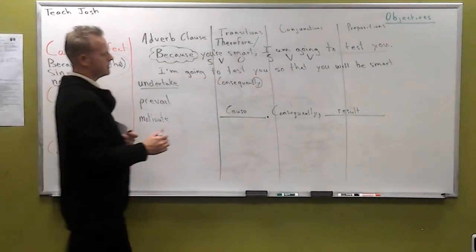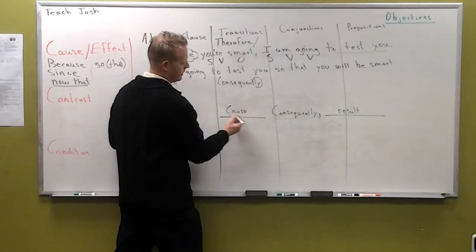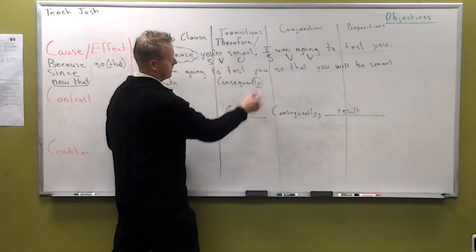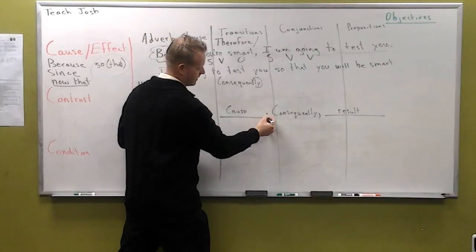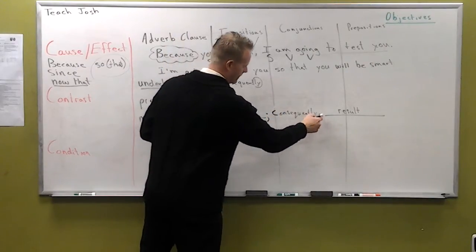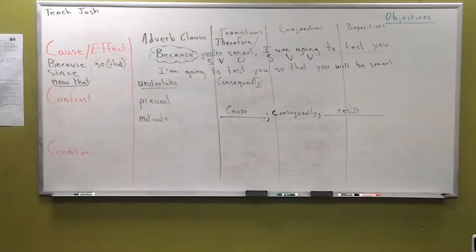The other way you can do it, if you want to make it one sentence, you can put the cause in a sentence, right? Like, I'm going to test you, semicolon, consequently, comma, and then put the result, if you want to keep it all one sentence.